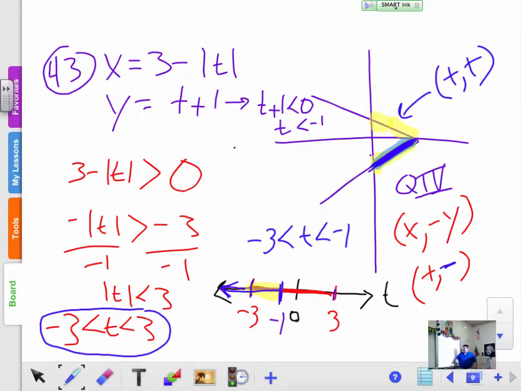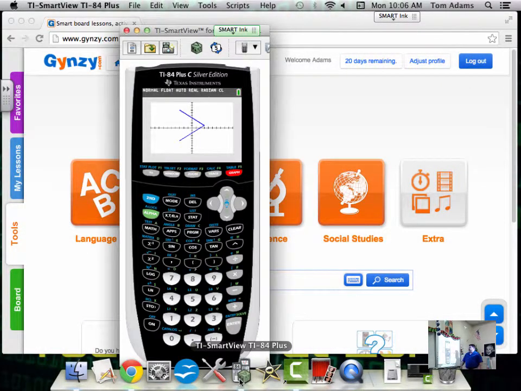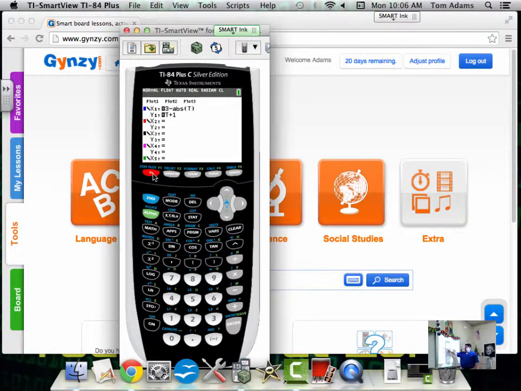To verify my results, I go into the graphing calculator. I plug in my parametric equations, and then I set the parameters for t. So, when I solved for positive x values, I said that positive x values exist when I let t go anywhere from -3 to +3.